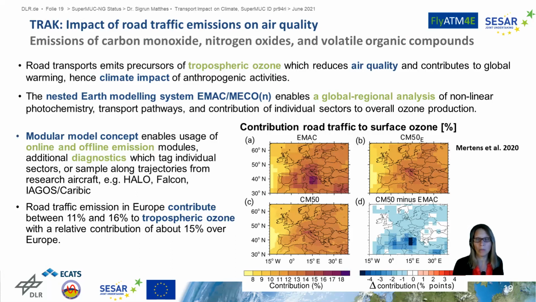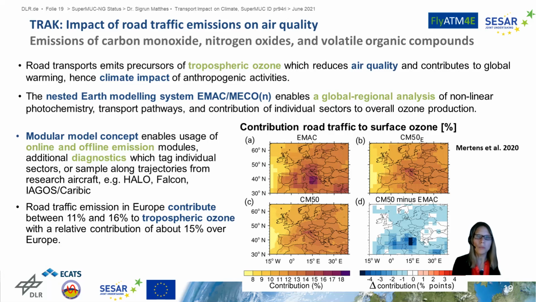And you see that overall road traffic contributes about 15% over Europe. And you see the global instance, the coarser resolution, EMAC, compared to the higher resolved simulations with the Cosmo model.